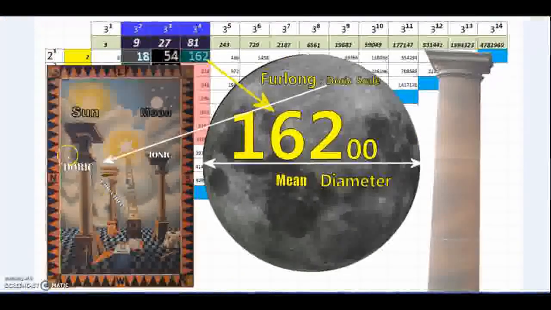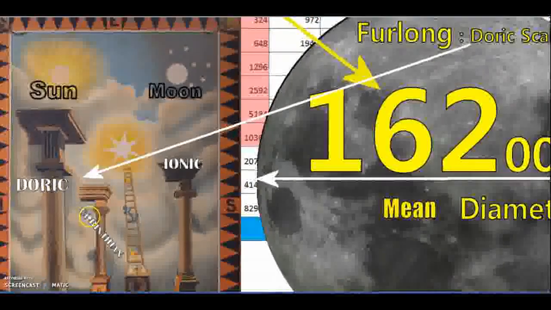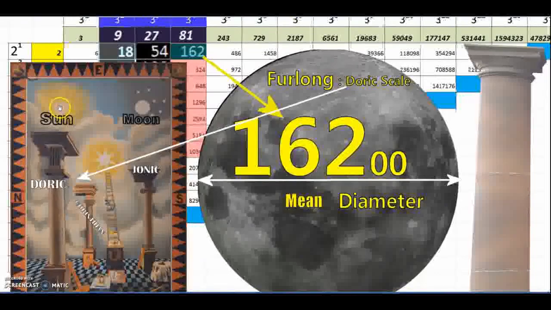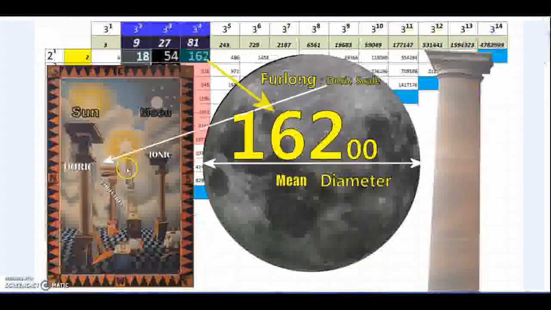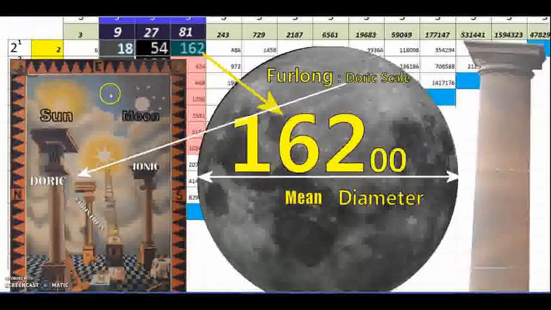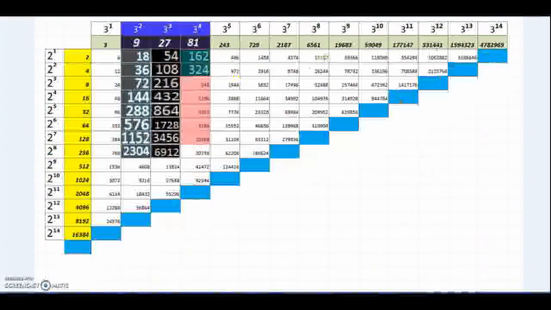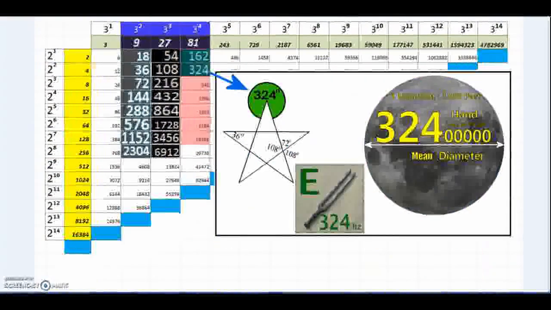And there's another tracing board. That's an example. You always see Doric, Corinthian, and Ionic columns. Sun and Moon, again, as standard themes as well. Now 324. Okay, so pentagram, 36 degrees is the point angle, and so 324 defines the outside.